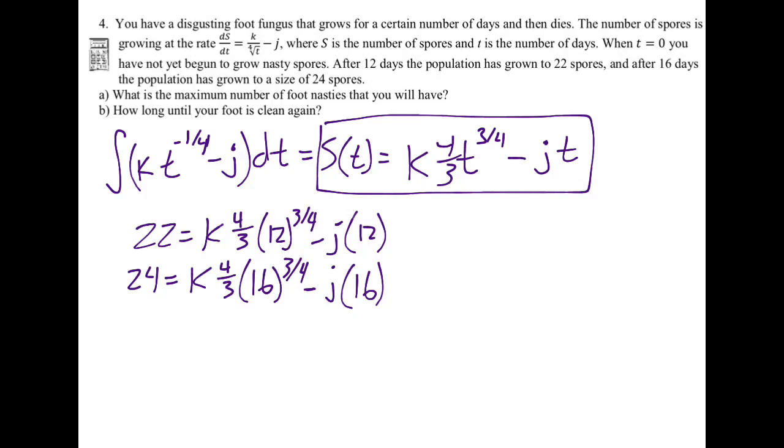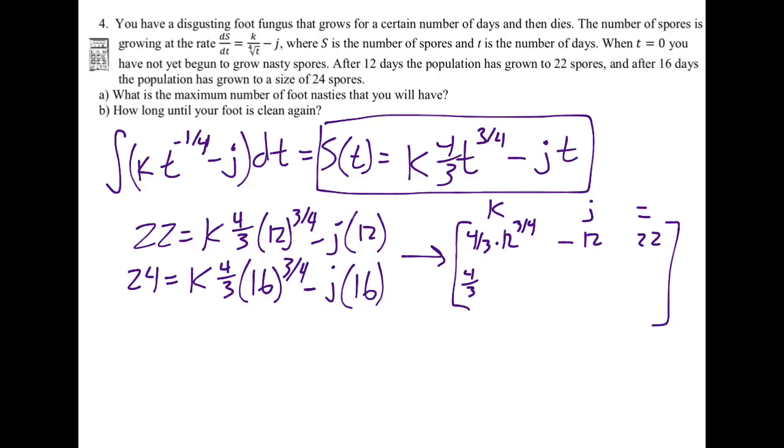So I'm going to write this as a matrix in the form of 4/3 times 12 to the 3/4 is my first term in my k column, and then a minus 12 in my j column, and then 22 in my equals column. And then second row will give me 4/3 times 16 to the 3/4, and then a negative 16 for j, and a 24 in my equals column.